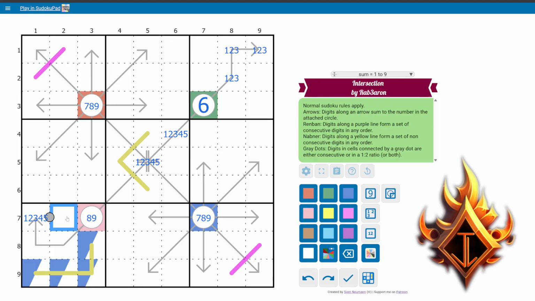7 cannot go here. 9 cannot go here. 6 is the only number that can go here. And that will be a 3 or 5. And now, red will be along here.